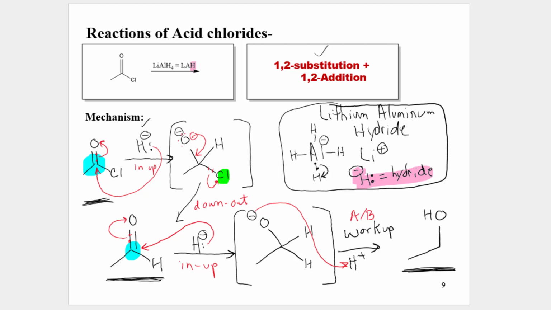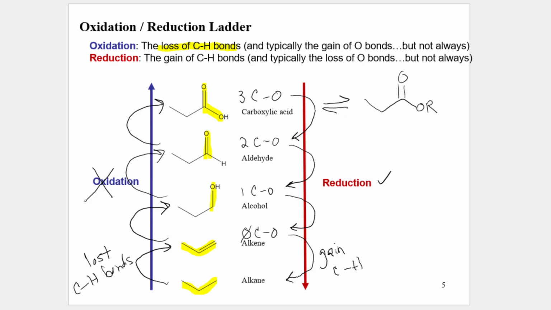Let's go back and consider our oxidation reduction ladder here. We went from something like an acid chloride, where I had 2 CO bonds, and I reduced it using a hydride to get to an alcohol.